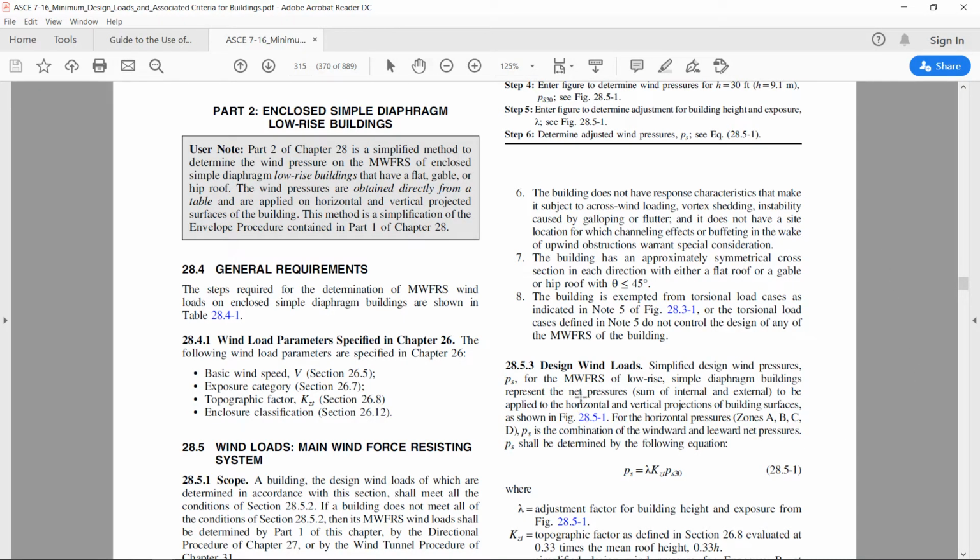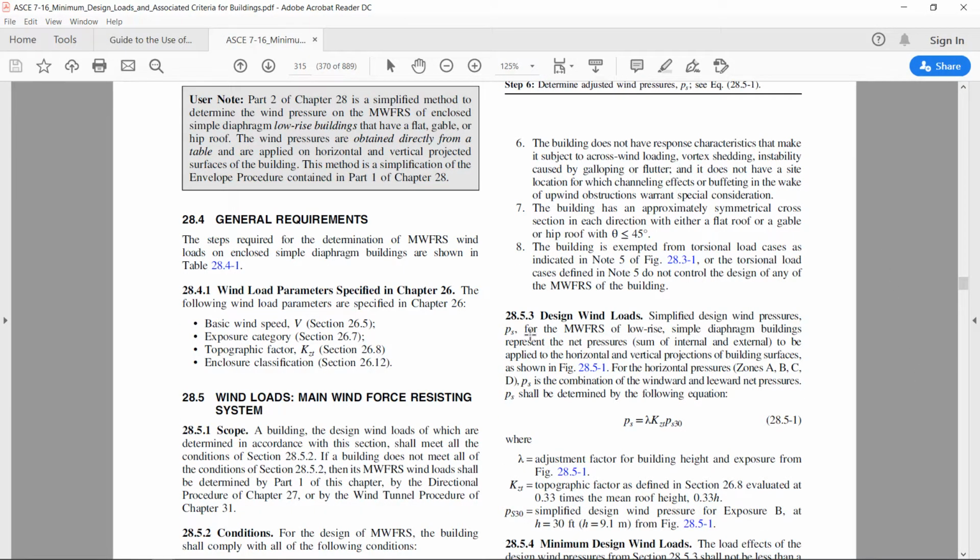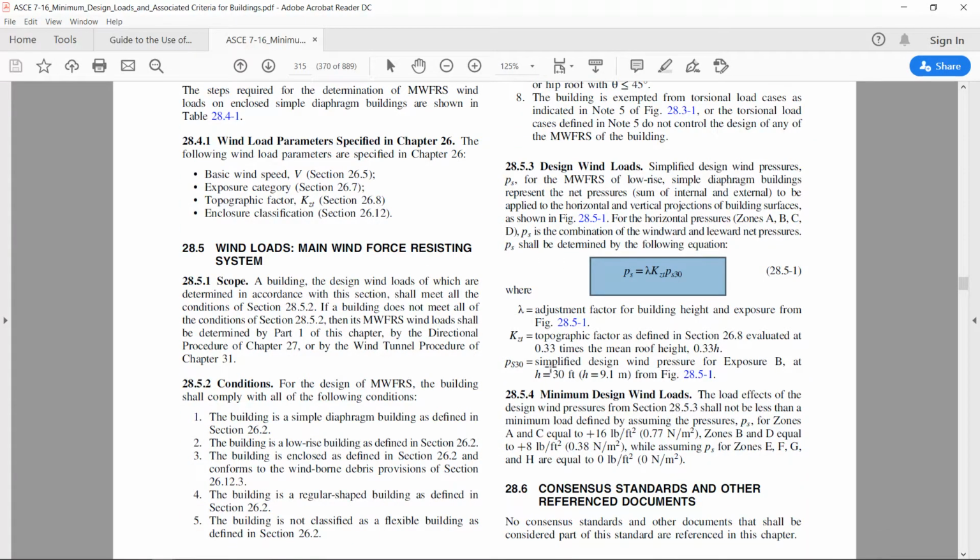The design wind load here, this para 28.5.3 design wind load, should be calculated from this equation. That PS should be equal to lambda times KZT times PS30, where lambda is the adjustment factor for building height and exposure from figure 28.5-1.